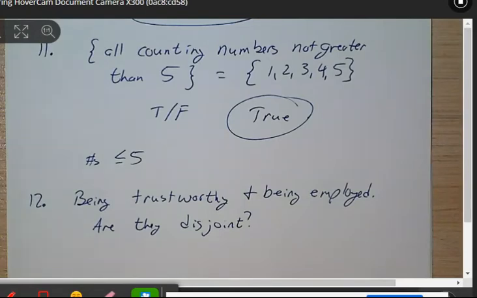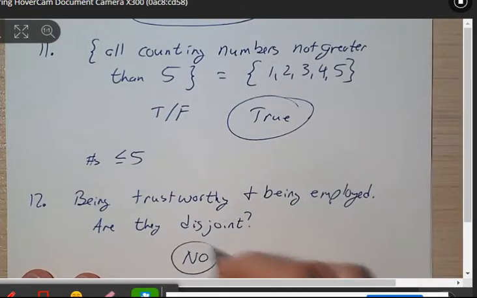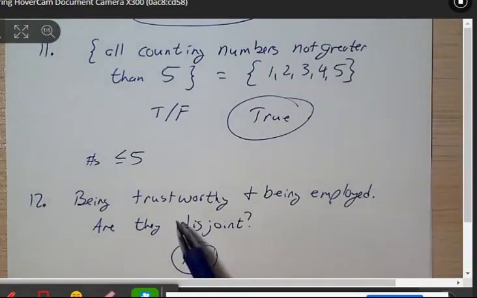So it's possible that you could be trustworthy and be employed. Hopefully that would be the case for most people. So they ask you, are those two things disjoint? Well, no, they're not. Because there's hopefully an employee or two out there that's trustworthy, that's also employed. Hopefully all the trustworthy people are not unemployed.